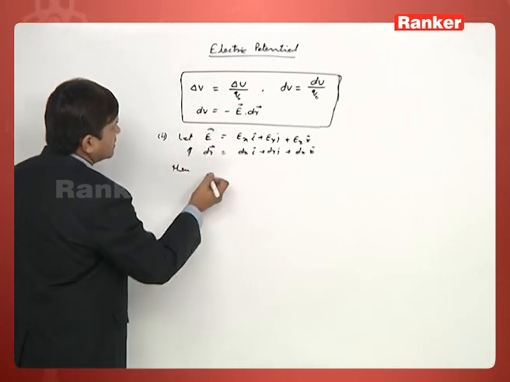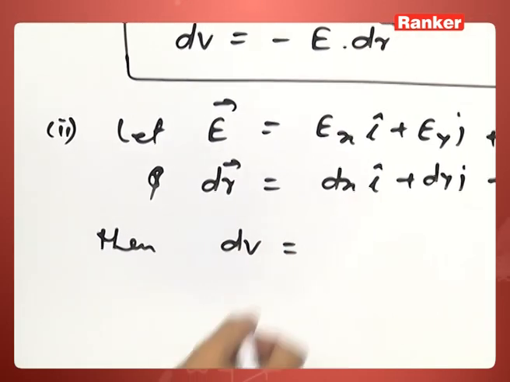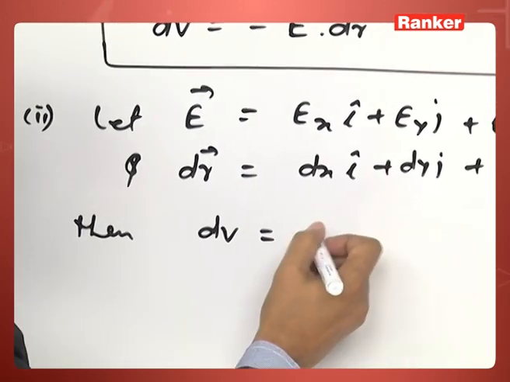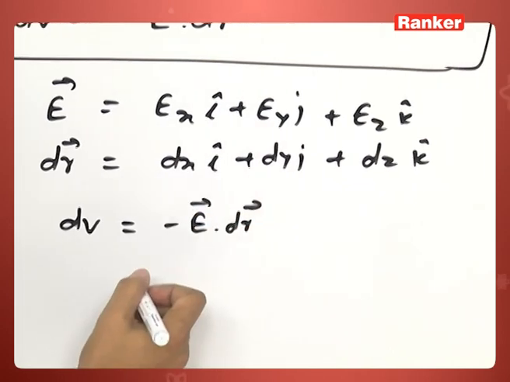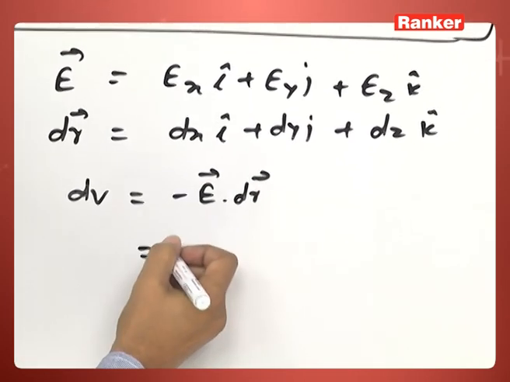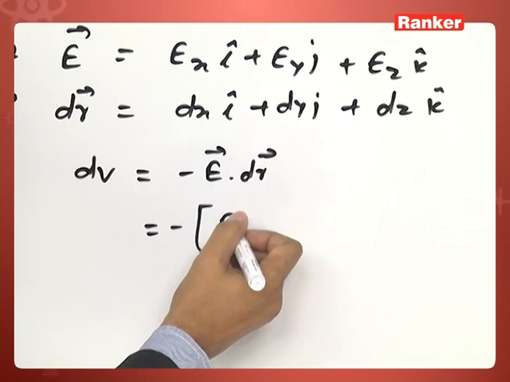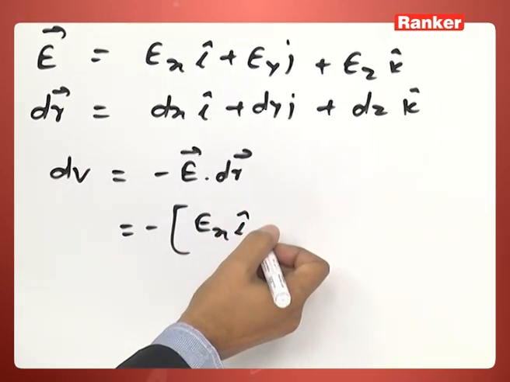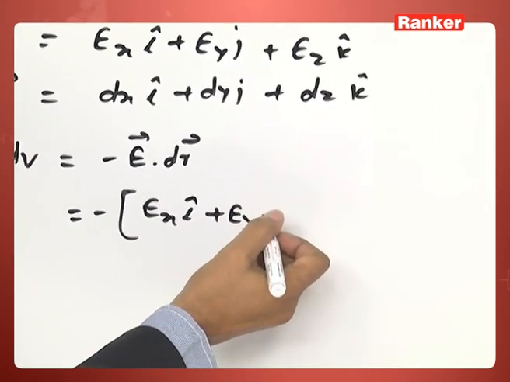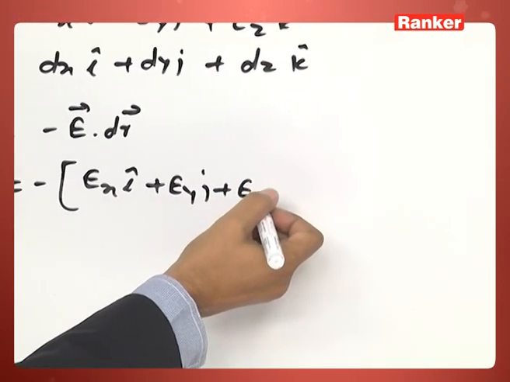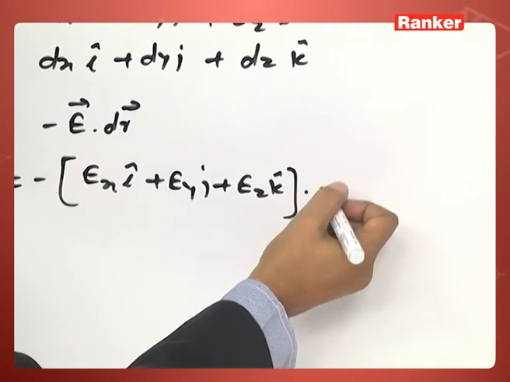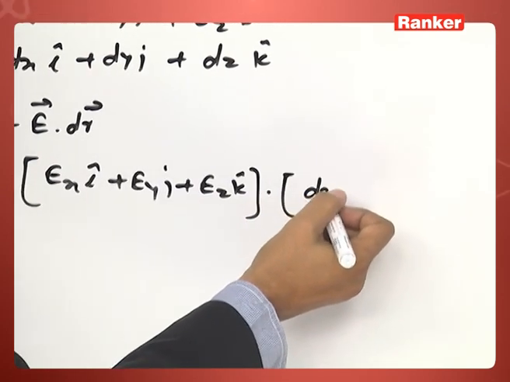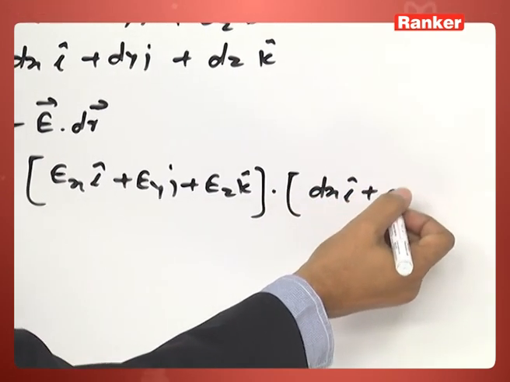Then from here dV is nothing but E dot dr. So this is further written as minus of Ex i cap, Ey j cap, Ez k cap, and dot product with our dr vector.